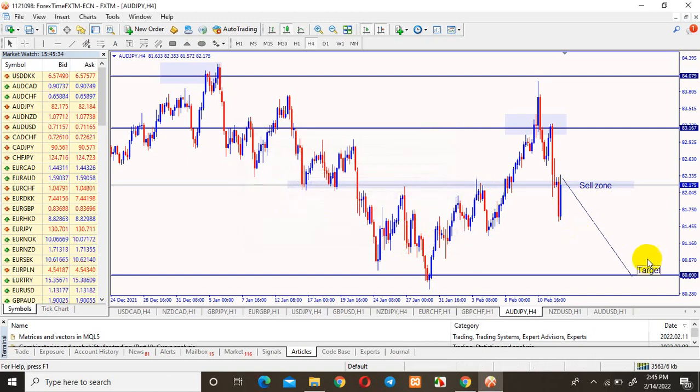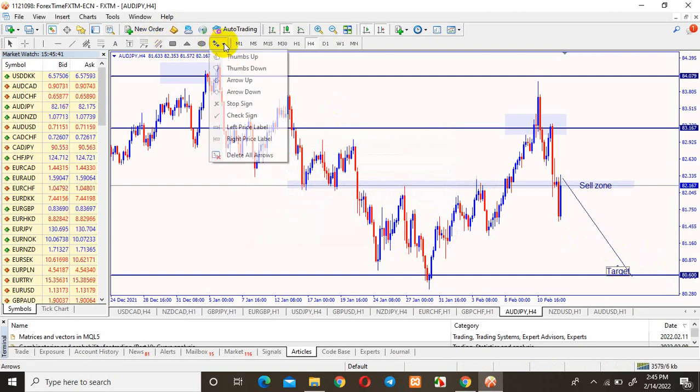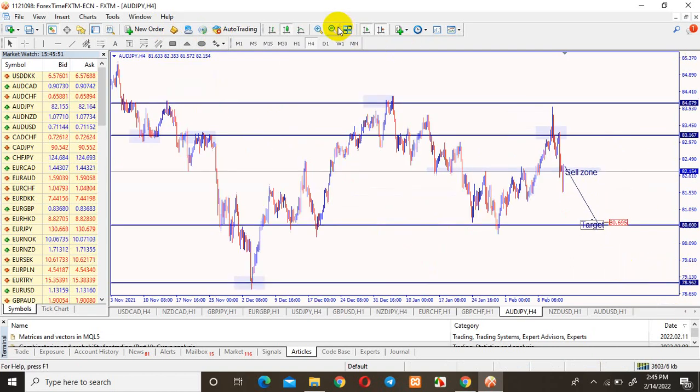Our target is already on this area, which if we go to that zone, we can already see it on the chart, but for a clearer view, we target 80.69. If price goes further down, we can target the next zone.